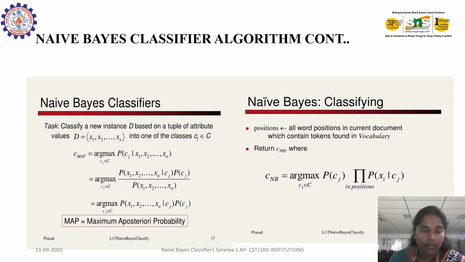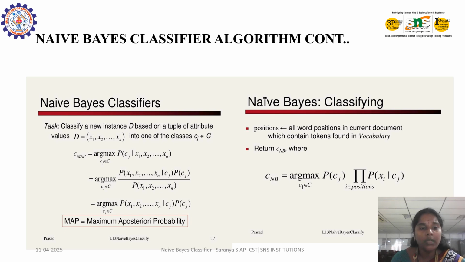The Naive Bayes classifier's task is to classify a new instance D, based on the tuple of attribute values D = x1, x2, up to xn, into one of the classes cj belonging to C. Here C_MAP = argmax over cj in C of P(cj | x1, x2, up to xn).